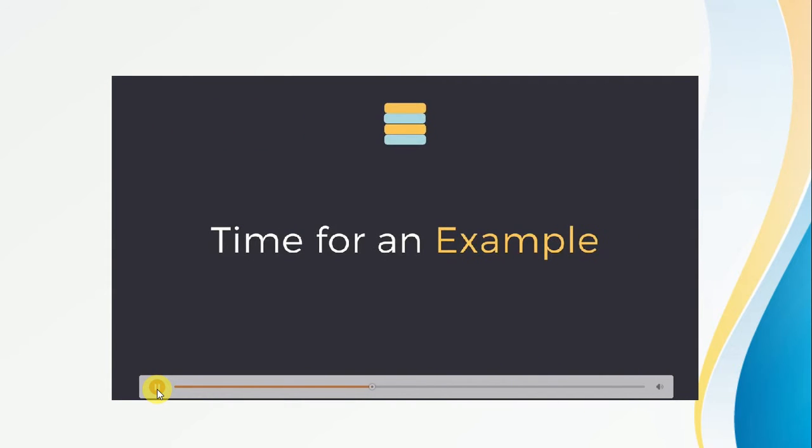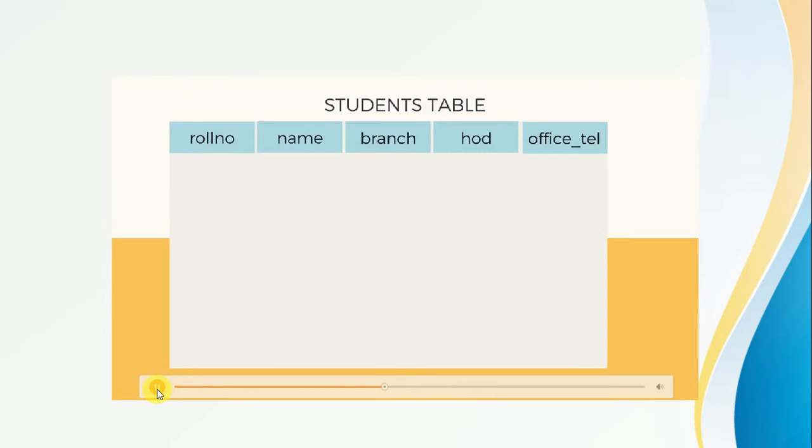For now, let's start with a very basic example and try to understand data redundancy and the problems that we face due to it. So here we have a simple student table to store student information in a college. We have columns: roll number, student name, the branch or the department name, the name of the HOD or the head of the department, you can call it a teacher name as well, and the department telephone number.